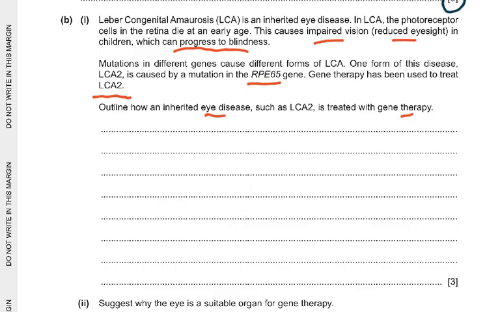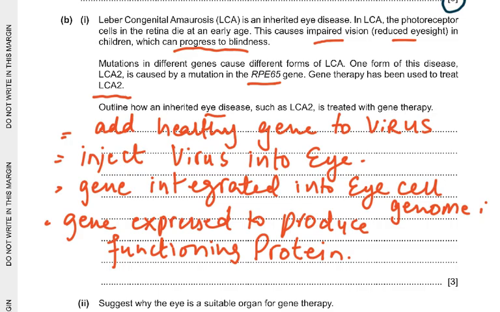We use an adeno-associated virus, AAV, which is given in your book, so you could talk about that as well, but you would get your 3 marks by saying that you add the healthy gene to a virus, you inject the virus into the eye, then the gene is integrated into the eye cell genome, and the gene is expressed to produce the functioning protein.